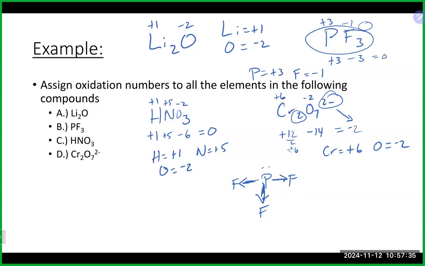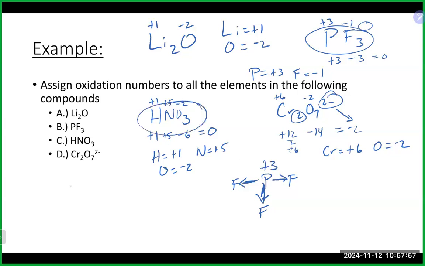That moves electrons away from the phosphorus because it's sharing electrons, and it makes the phosphorus more positive than it would be if it were receiving electrons from a metal, which is why it becomes -3 in an ionic compound. But in this case, it takes that +3 charge.